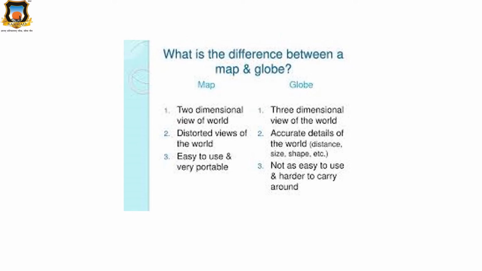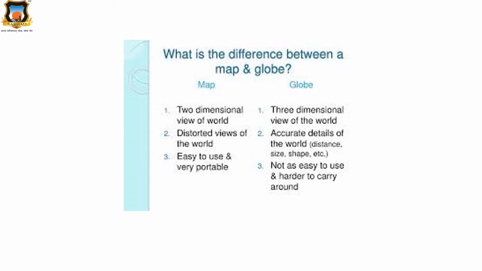We can move the globe in its spherical shape and we can see all the sides of the globe. But in the map we cannot see it. Why? Because it is two-dimensional and the globe is three-dimensional, 3D. I hope you all know the difference between two-dimensional and three-dimensional.